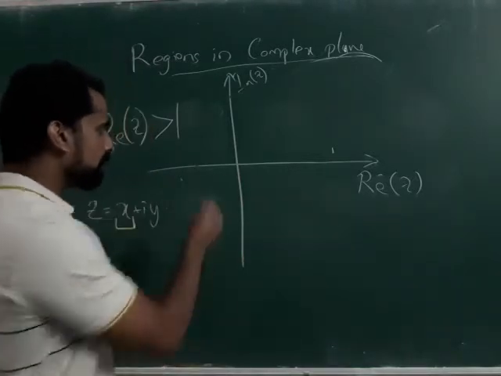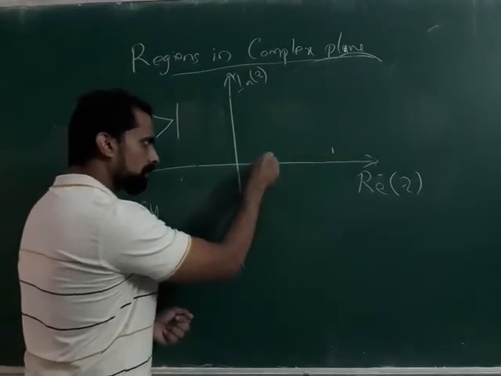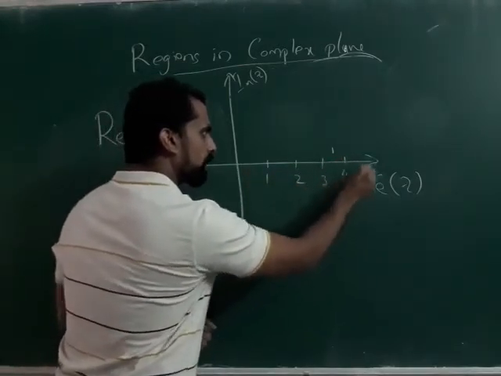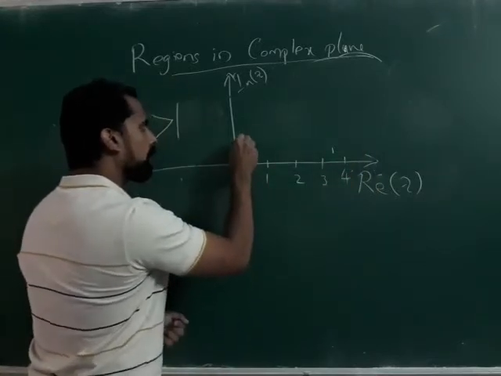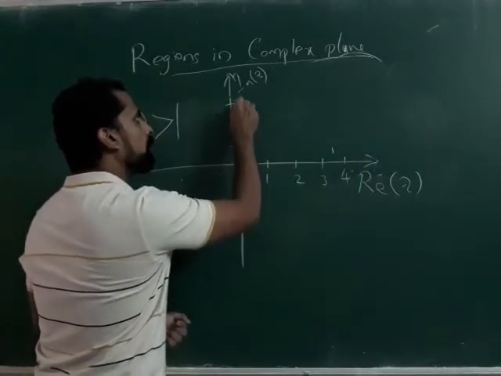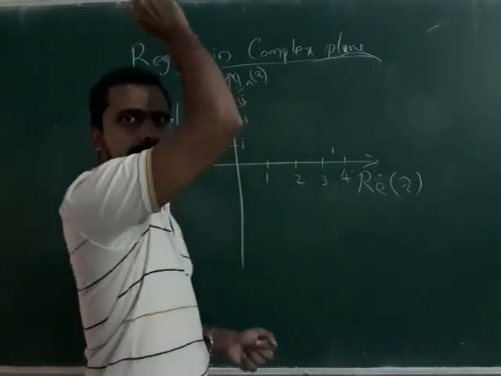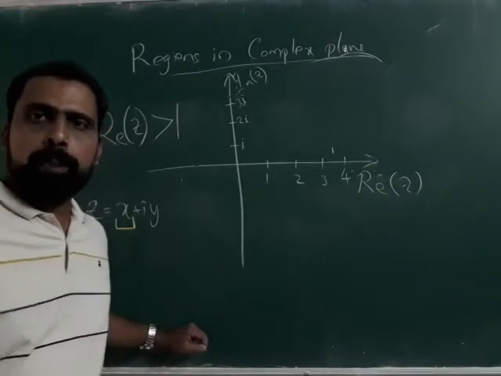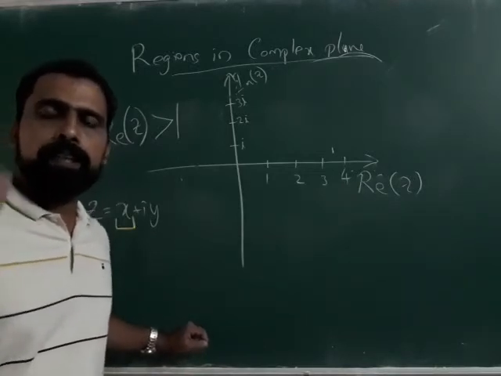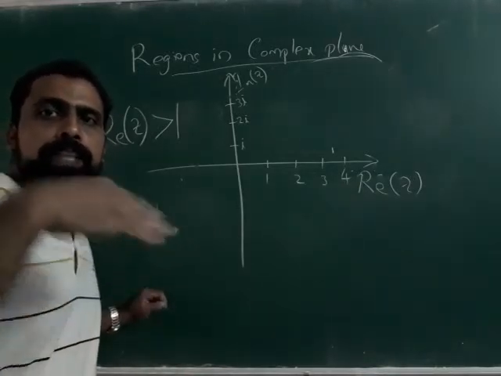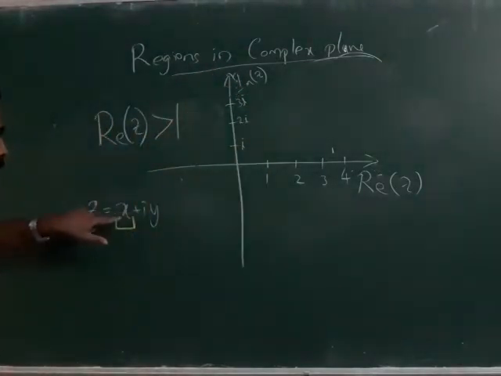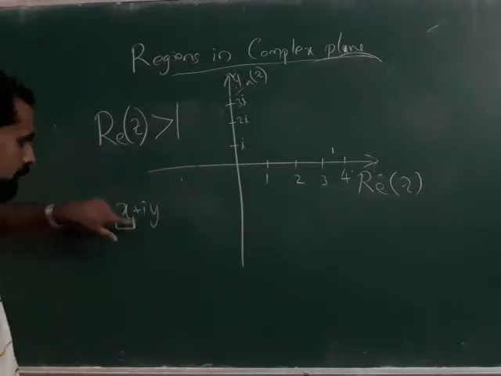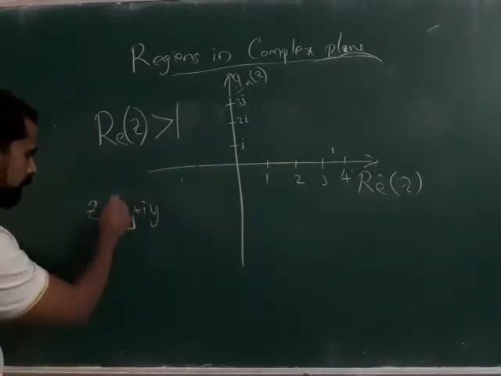Okay. Here this is 0, this is 1, 2, 3, 4, etc. And here i, 2i, 3i, etc. Like that. Now what do you have to look for? You have to look at the regions where your real part becomes greater than 1. So when you look at z is equal to x plus iy, this x is your real part.